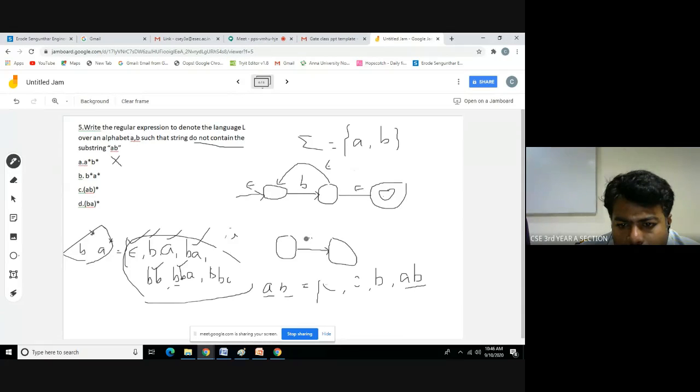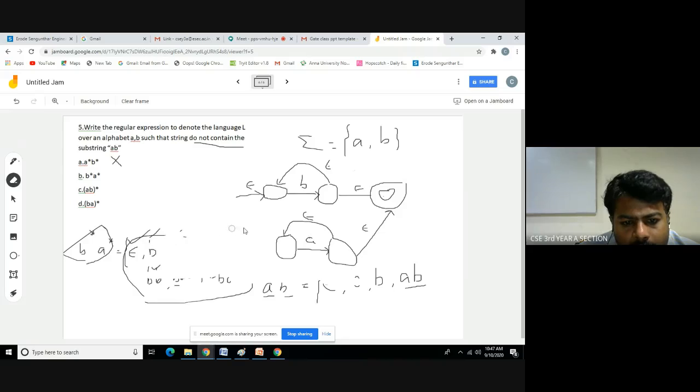So this is A, with epsilon transitions. Now you can connect these by way of one new start state, with epsilon.